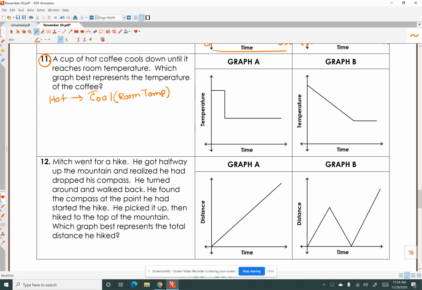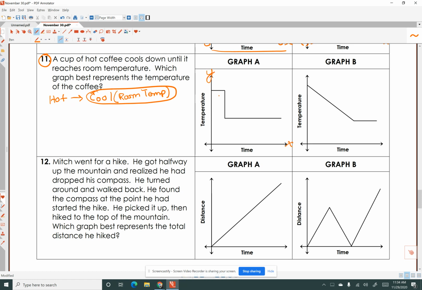So when it gets to this room temperature, I think we can assume it stays there. It stays at room temperature. And as it cooled off, is your coffee, you have your coffee or your hot chocolate, and it's really hot when you first get it, and then it's a little bit cooler, a little bit cooler, a little bit cooler until it gets to room temperature. It doesn't suddenly drop. If we look at our graphs, we have time on the x-axis and temperature on the y-axis.